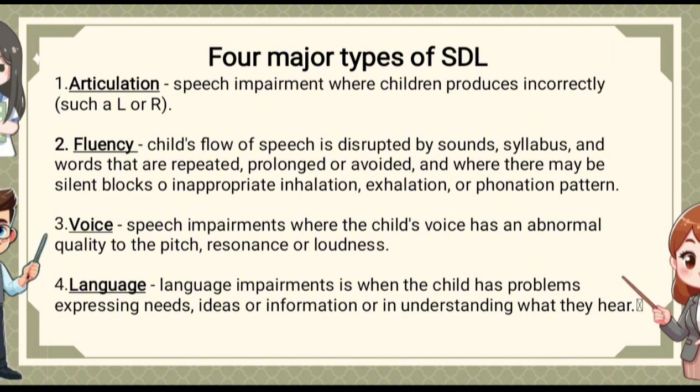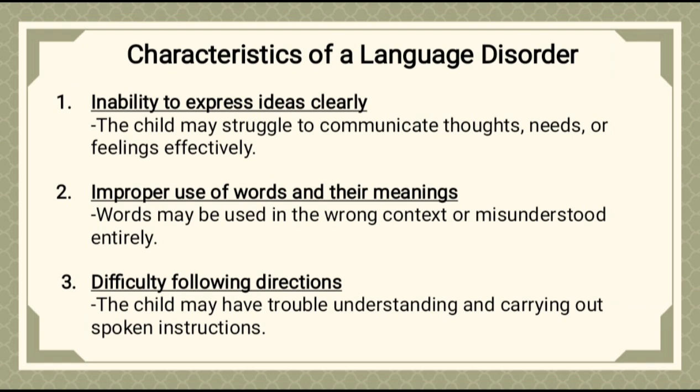The third one is voice, which is a speech impairment where the child's voice has an abnormal quality of pitch, resonance, or loudness. Number four is language. Language impairment is when the child has a problem in expressing their needs, ideas, or information or understanding what they hear.